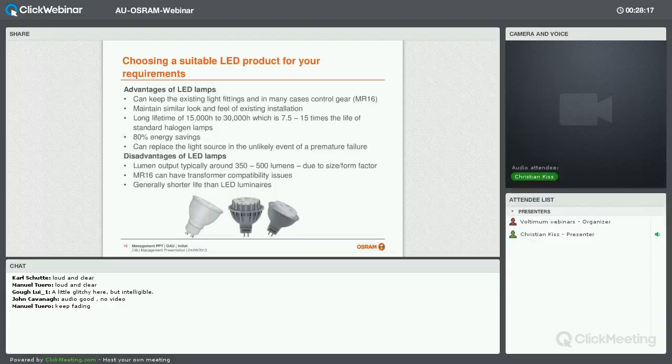And that mainly relates to minimum load thresholds on transformers, because the LED load is quite small. So when you put an LED on a transformer that has a minimum load of 20 watts, it may not really like that very much, so it won't start up or it'll flicker and carry on. Generally, the lifetime of the LED lamps is shorter than complete luminaires, and that's again because of the form factor and things like that.